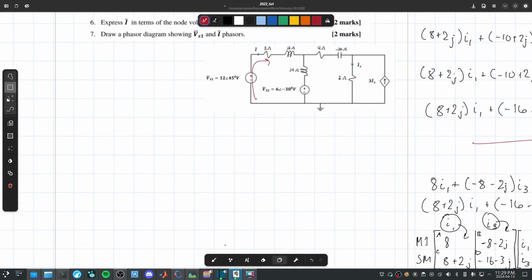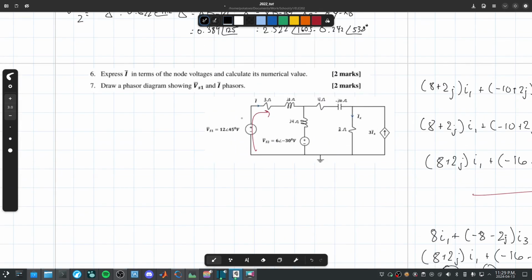So there you go. I is equal to, we can remove the 0, 12 with a phasor of 45 degrees minus V1 over 3 plus 2J.